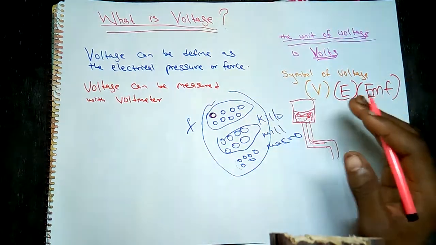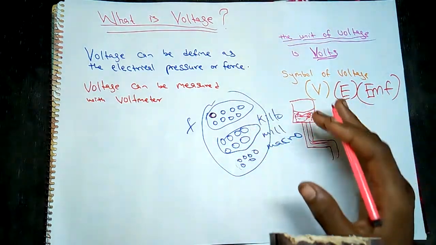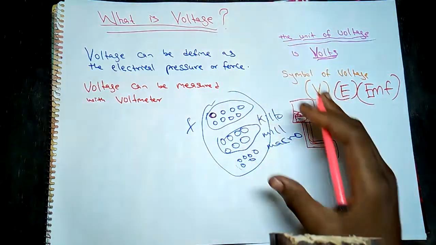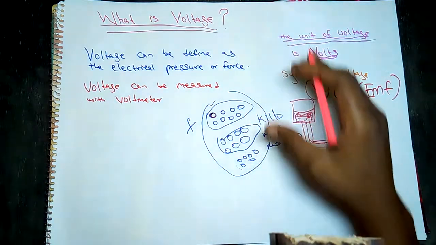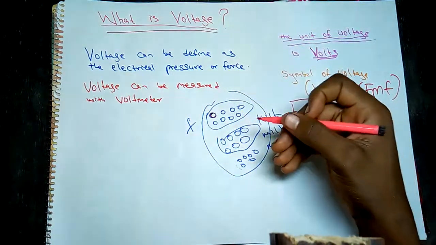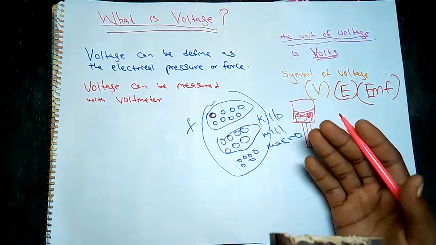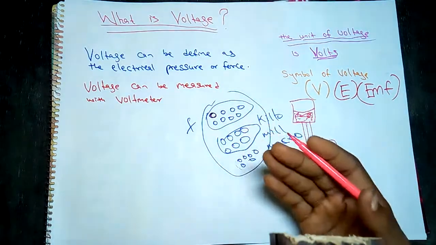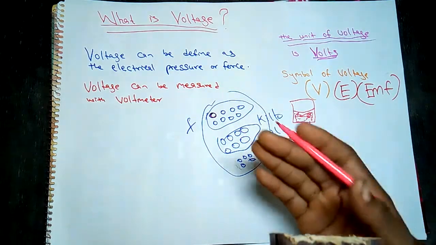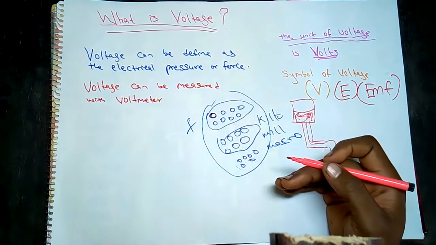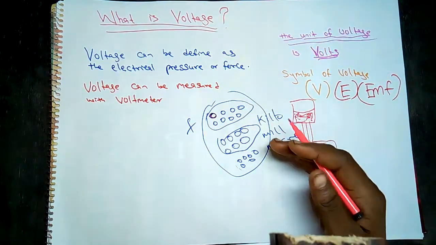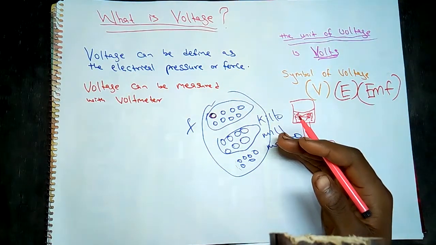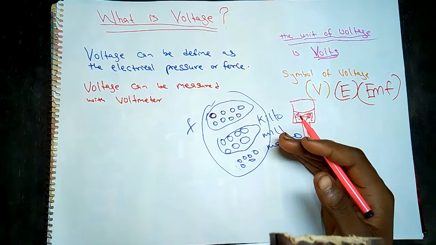So I want you to think of voltage as a force pushing those electrons to move, because without voltage, electrons cannot move and cannot perform work. When you hook it up to do anything, it will not do anything without voltage. So voltage must be involved. That is the basic thing you need to know about voltage. There is nothing more.